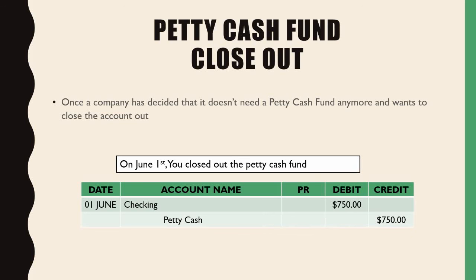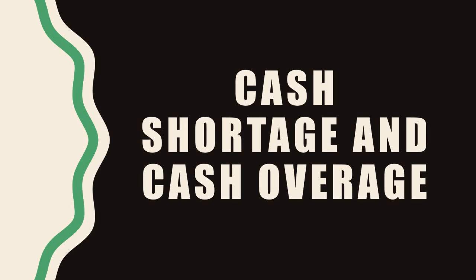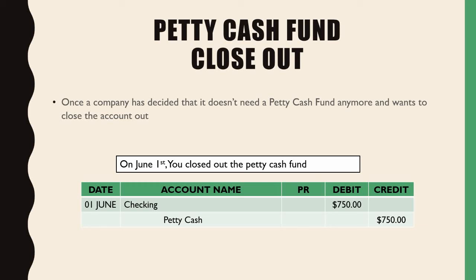So if we're going to close out our petty cash fund, we're just going to credit or zero out the account, and take the money and put it into the bank. As far as this, it is pretty straightforward, and this is all the concept I would want you to know as far as moving forward with chapter 9. Any questions in regards to just establishing a petty cash fund?